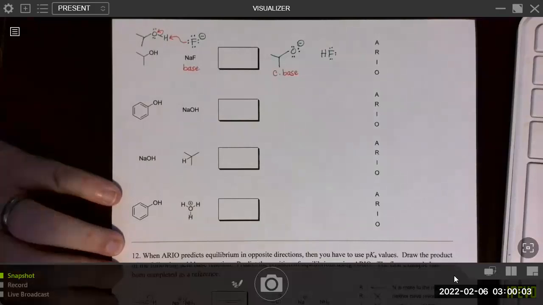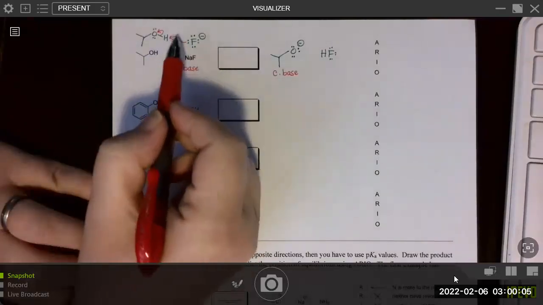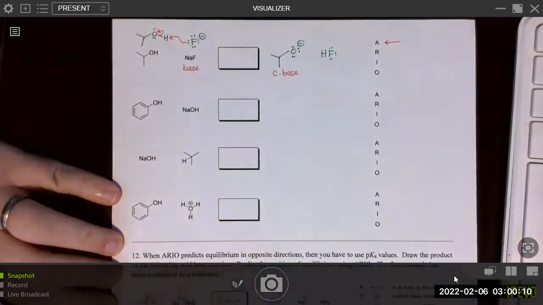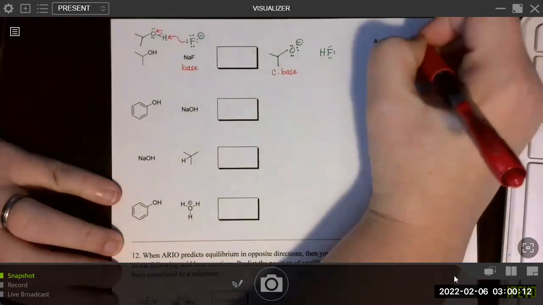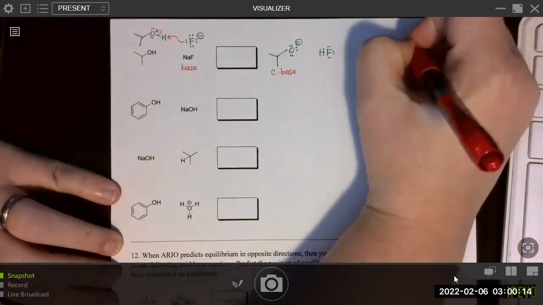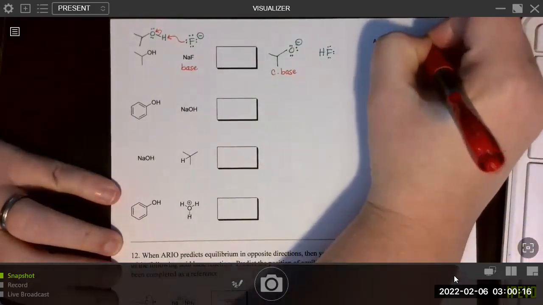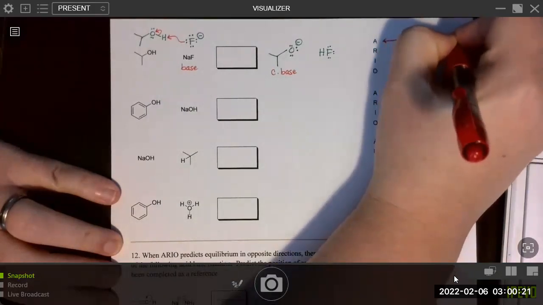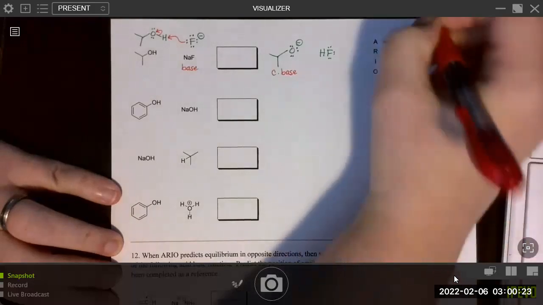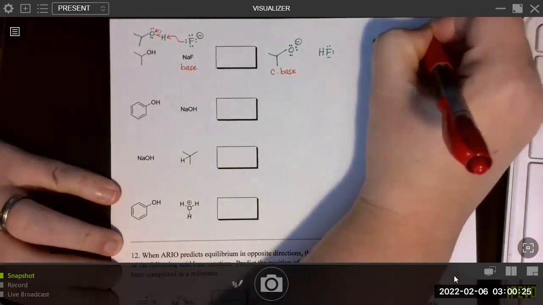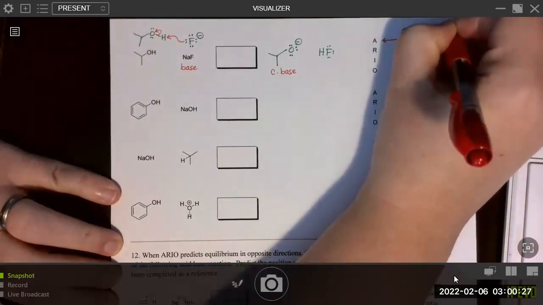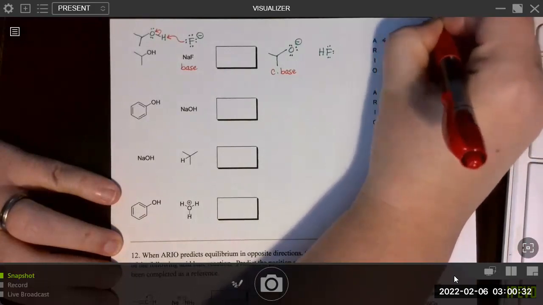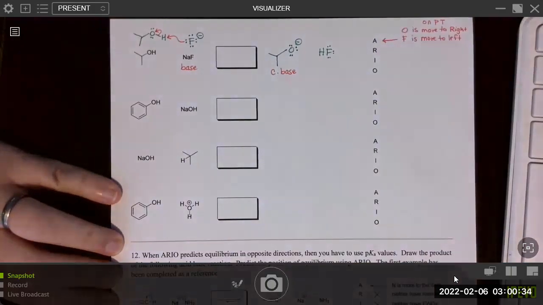So if this is more stable, then we're going to predict going this direction. And then we'll just put in a little note here, say fluorine is more to the left. You could have written oxygen is more to the right on the periodic table.